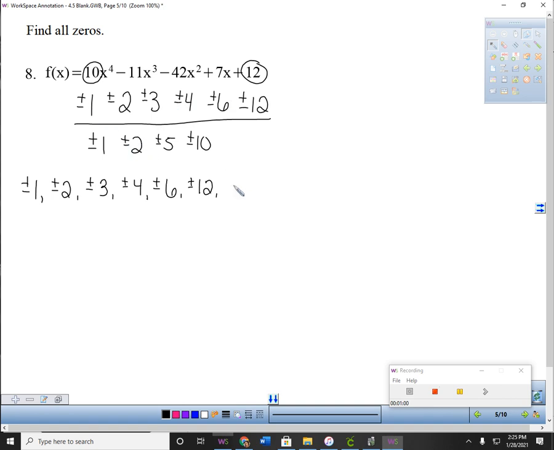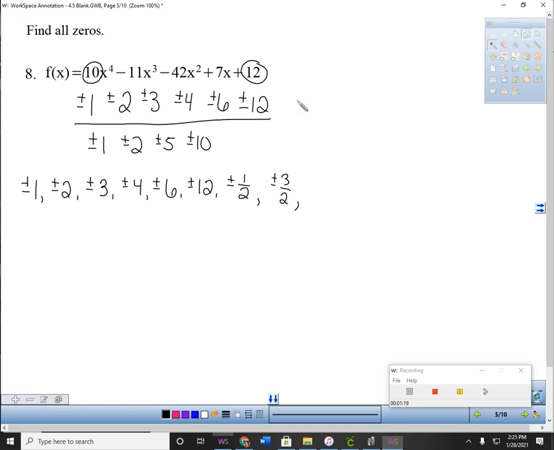So 1 divided by 2, that's 1/2. 2 divided by 2, that's 1, and we already have that one. 3 divided by 2, 4 divided by 2 is 2, and we already have that listed. 6 divided by 2 is 3, we already have that. And 12 divided by 2 is 6, we already have that.